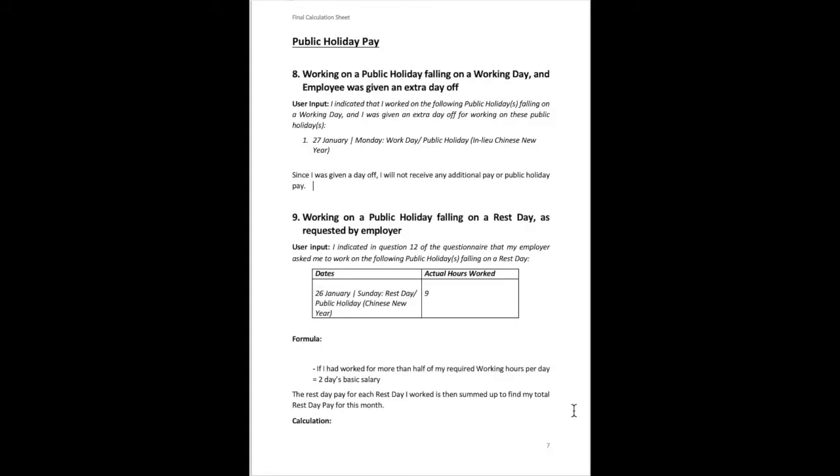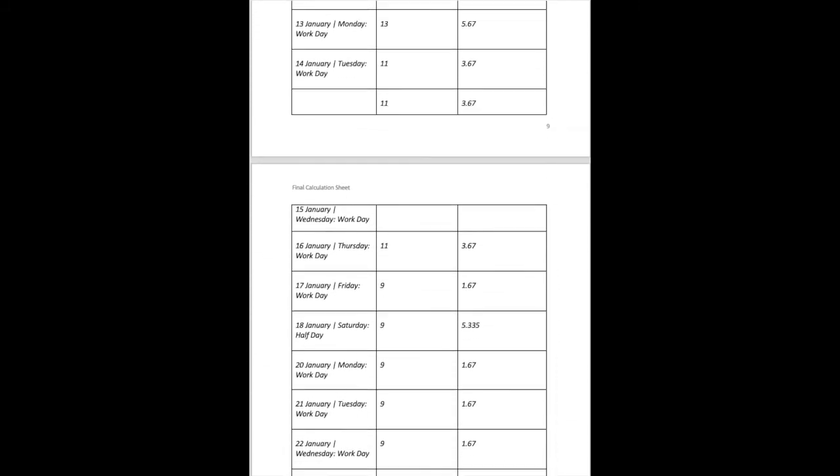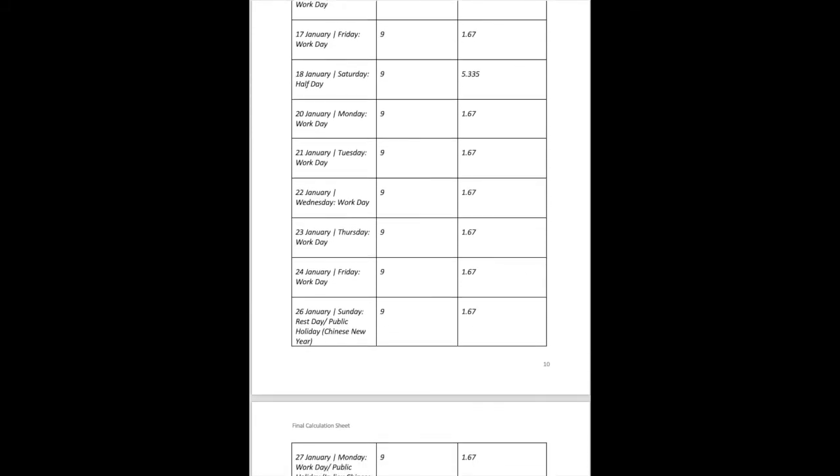This next section gives you a detailed breakdown of the different types of pay. It first states what you had put in, like which days you selected as having taken unpaid leave or worked overtime. It even says which questions you had set those answers in, so you can refer to the transcript to verify just in case. Finally, it states how much of that type of pay you're able to claim for this month.